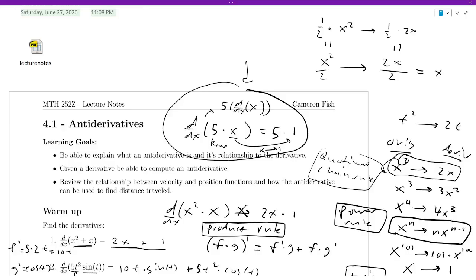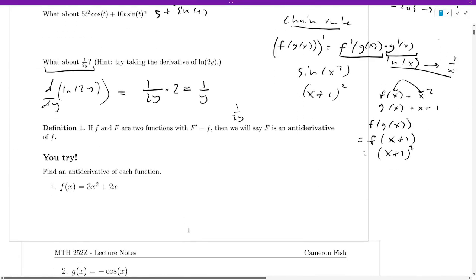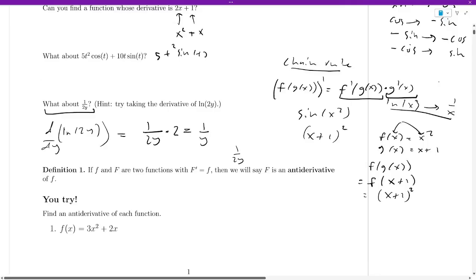Okay, so coming back to our log example, right? If I want a 2 to end up on the bottom in the end, I should have just had a 2 in the bottom at the beginning because it's just going to stay there. So if I just change my original function to be this log 2y divided by 2, then what happens? Well, this divided by 2, remember I can think of that as a times 1/2, and so I'm just going to keep a times 1/2 out in front.